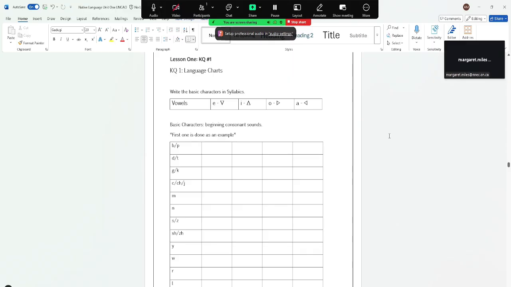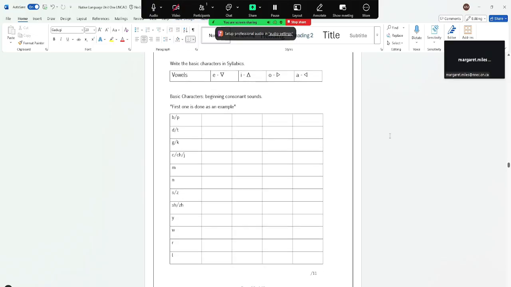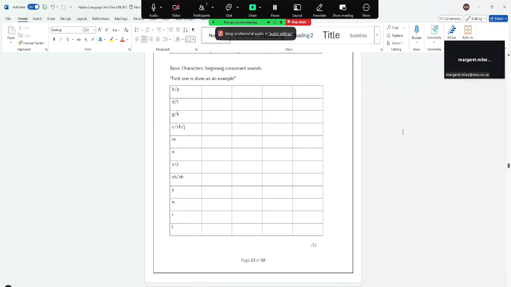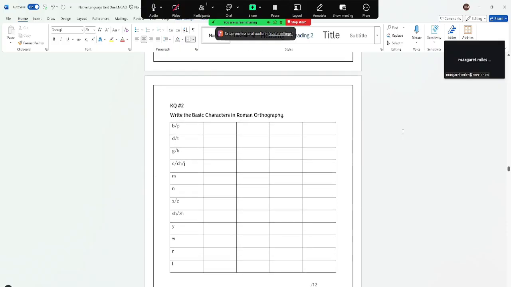If you're already used to using your own syllabics chart, you can use that for your key questions in this course.